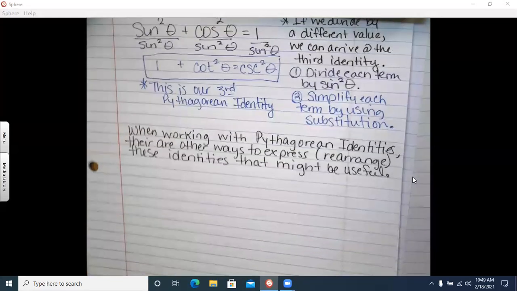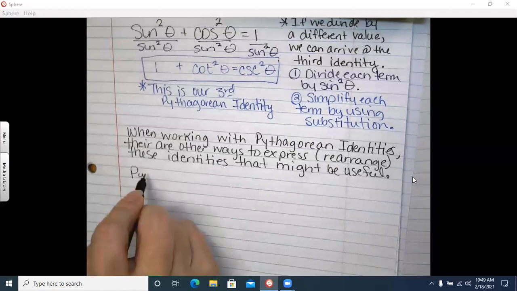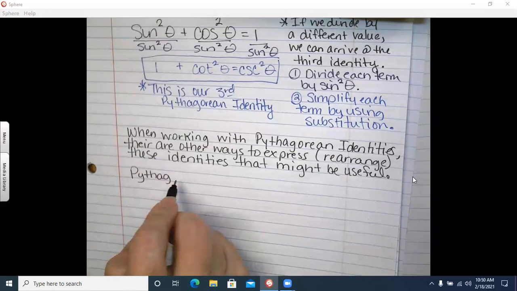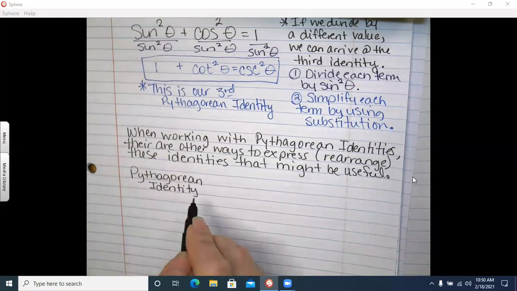So on the left side, I'm going to put the actual Pythagorean identity. And on the right side, I'm going to put other variations.